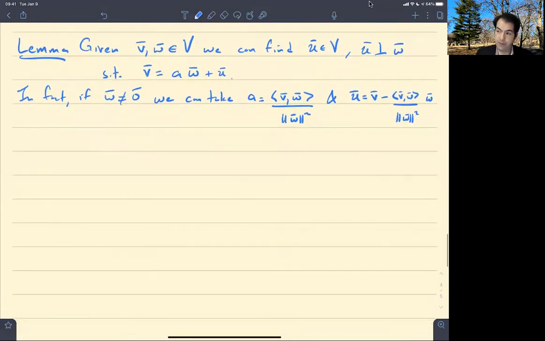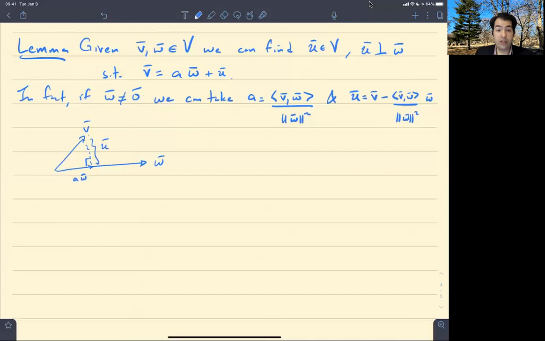Okay, so let me draw a picture. What this says is that if you have a vector V and a vector W, let's say this is V, this is W, then the lemma says that if you were to scale W so that you get A times W, then the difference between where you land and V gives you a vector, so this would be U, orthogonal to W, right?